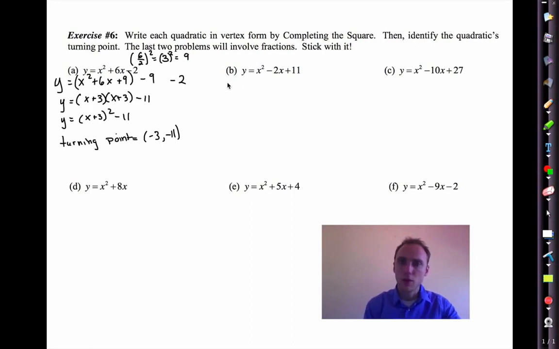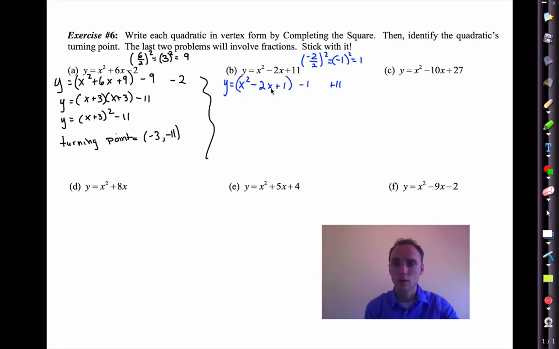All right, part B. Part B says x squared minus 2x plus 11. So let's separate that like we've done the others. I'll put my plus 11 here, and I'll find my c term. So I'm going to take my b, divide by 2 and square it, which will give me minus 1 squared, or 1. Grouping these together, this is what I want to factor.